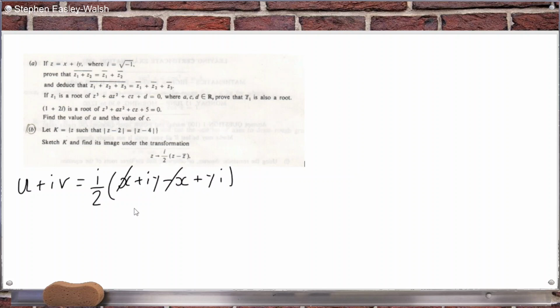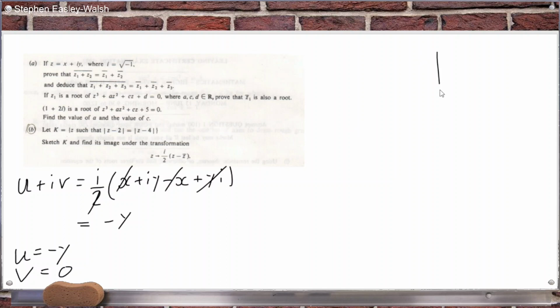They cancel, and then there's two of them here, but you can cancel like that. So i squared is minus, so it's going to be 0 minus, it's going to be minus y, is it? That's interesting. So that means u is minus y and v becomes 0.